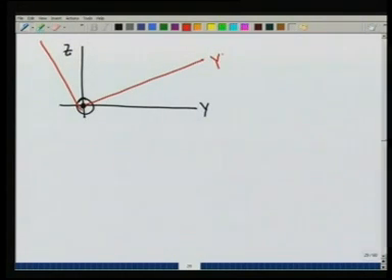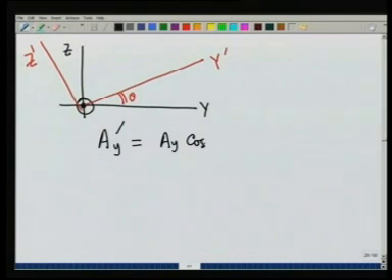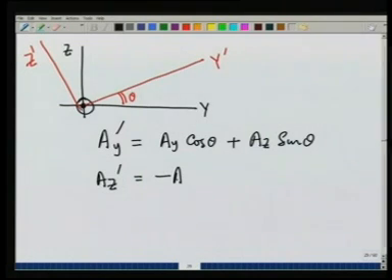So, this is going to be y prime and this is going to be z prime by an angle theta. Then you can see that A y prime in the rotated frame, when I rotate about the x axis, is going to be A y cosine of theta plus A z sine of theta, and A z prime is going to be equal to minus A y sine of theta plus A z cosine of theta.